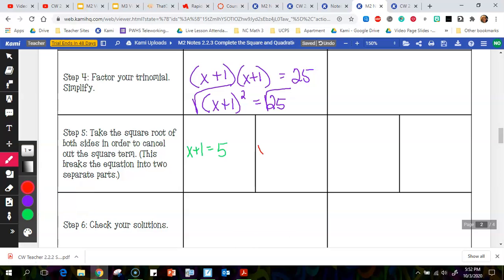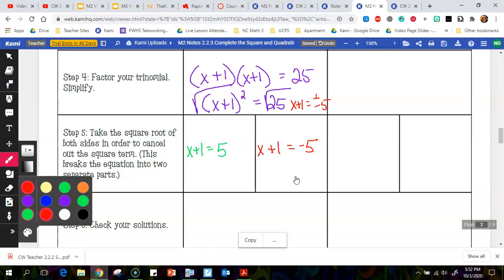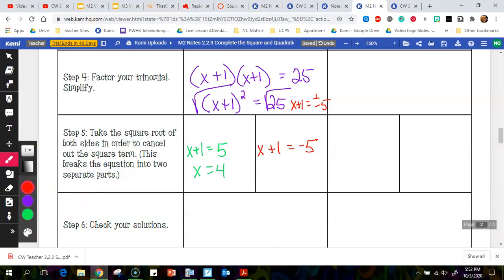And we would create a negative side: x plus 1 equals negative 5, because this right here would be x plus 1 equals plus or minus 5. So this is the positive and the negative side, and so x equals 4 or x equals -6.